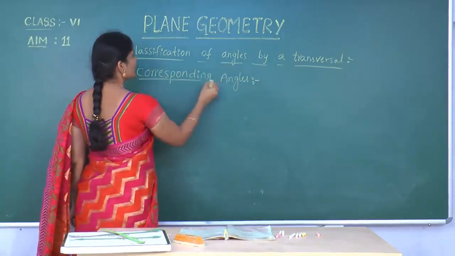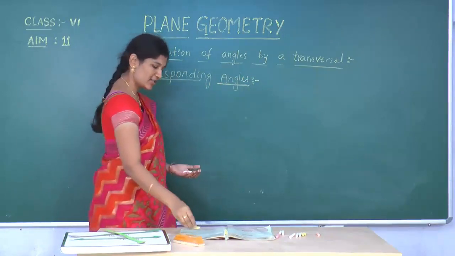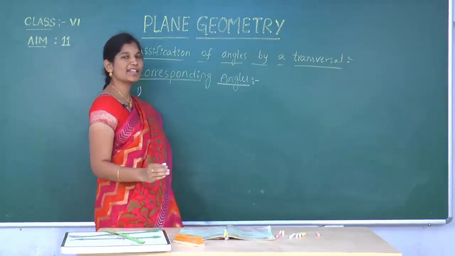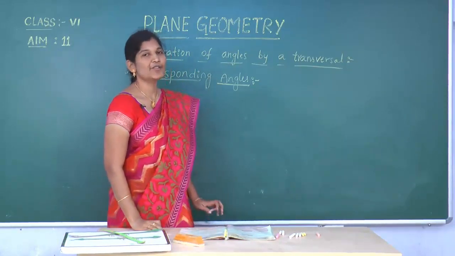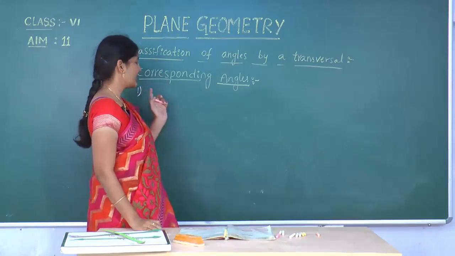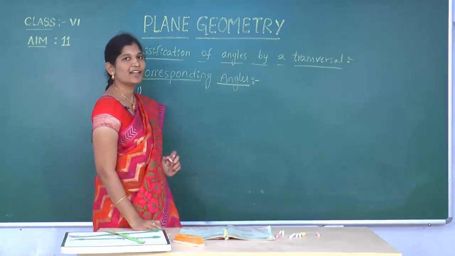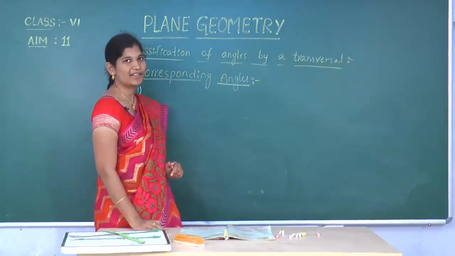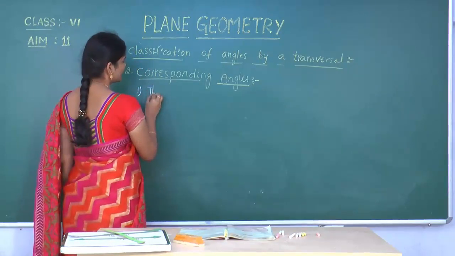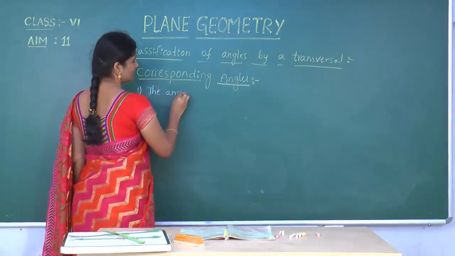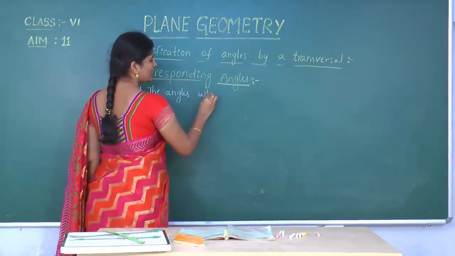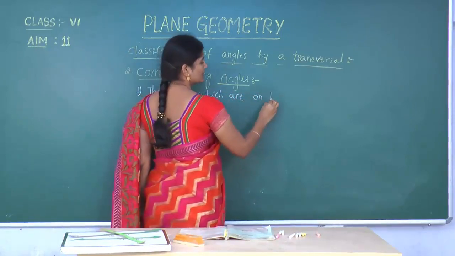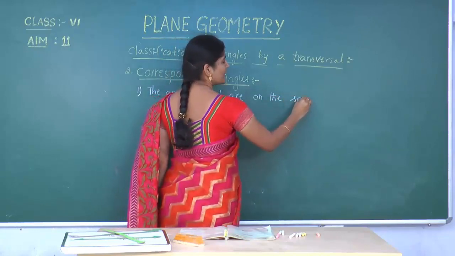What is meant by corresponding angles? Here also there are some rules we have to follow. Whenever we say two angles are corresponding angles, they should follow some rules. Among them, the first one is they should lie on one side of the transversal. The angles which are on the same side of the transversal.